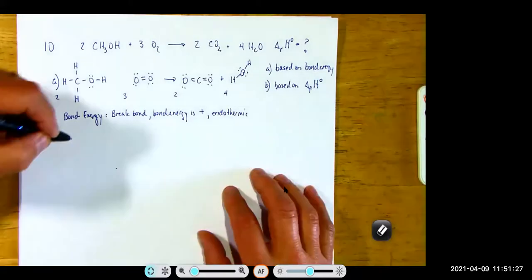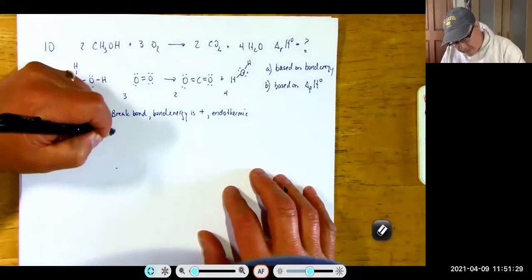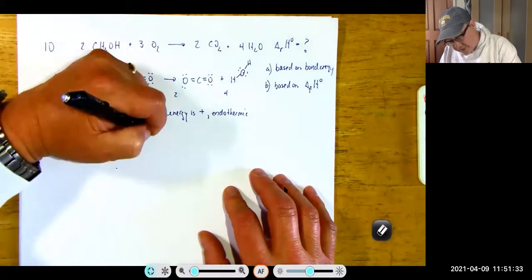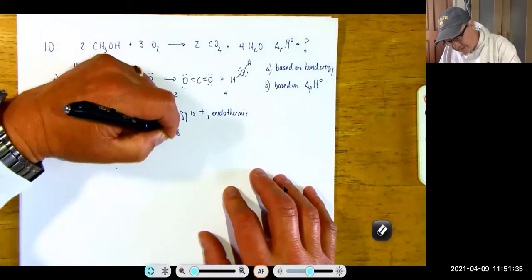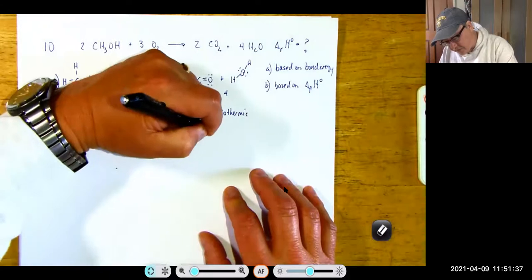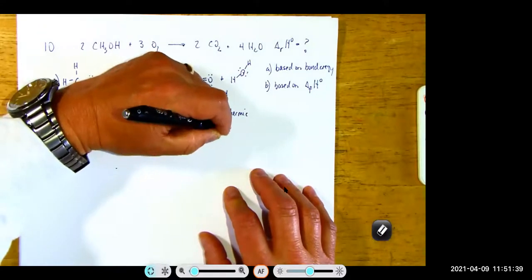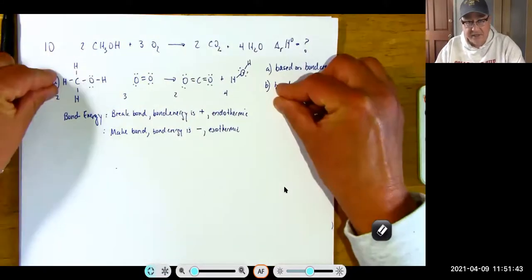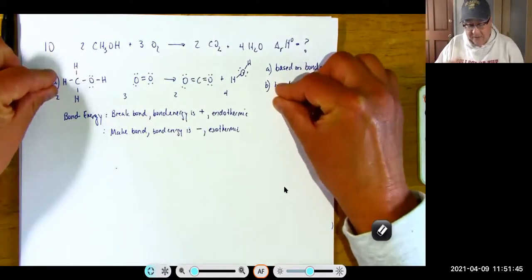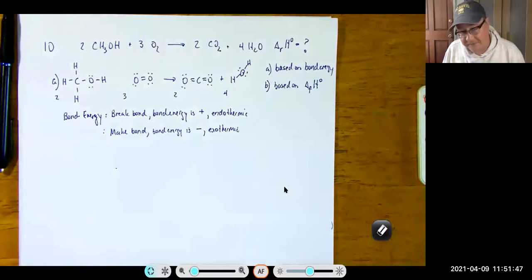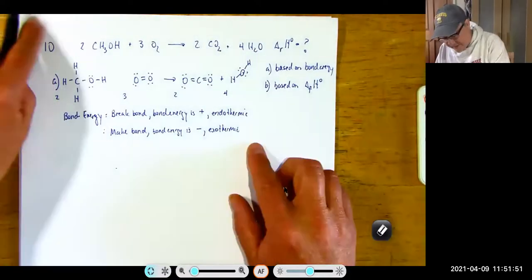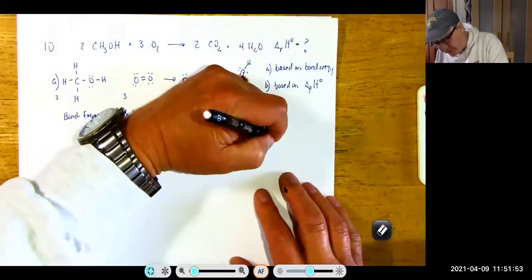Okay. Now, if you make a bond, the bond energy is negative and it's exothermic. So if I take these 2 oxygen atoms apart and put energy in, if I let them come back together, it will release energy, the same amount. One way to draw that would be this, if we use an energy level diagram.